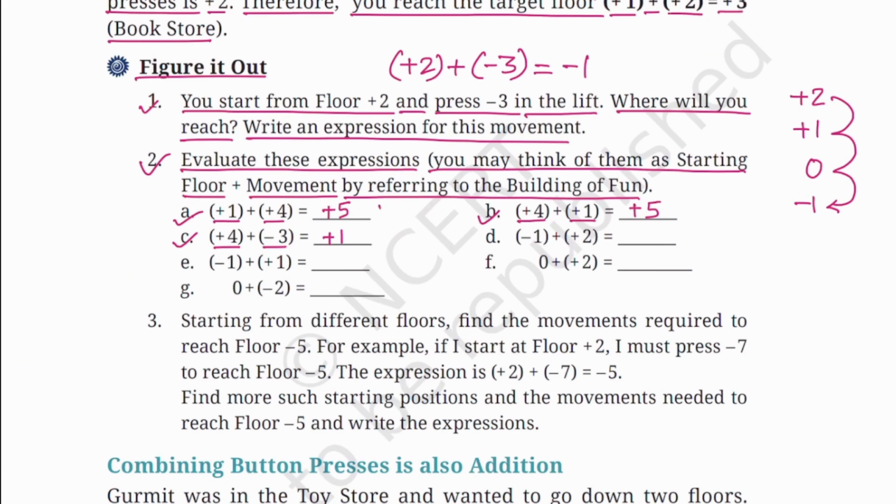I am writing the floor numbers here. You can use the building of fun for reference. You can make a number system for floors like this and do the additions and subtractions given here.